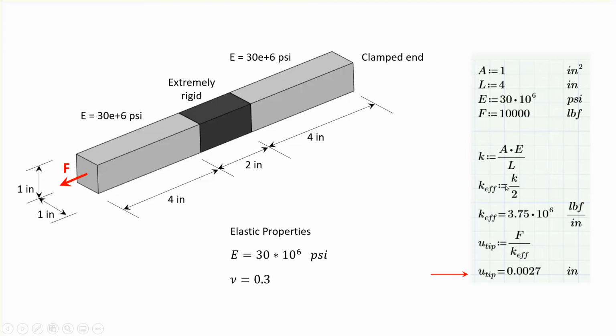So if you put in your numbers, you see that the effective stiffness, if you were to replace the entire thing with a spring, would be 3.75 10 to the 6. And the deflection is going to be the force divided by the effective stiffness. You put 10,000 here and the effective stiffness, and you're going to get 0.027 inches. So whatever we get, we're going to compare it with this number.